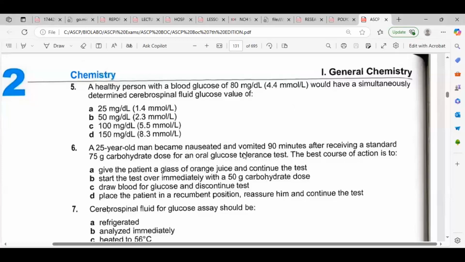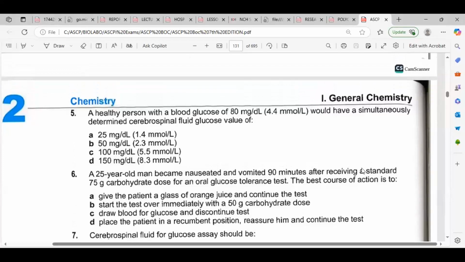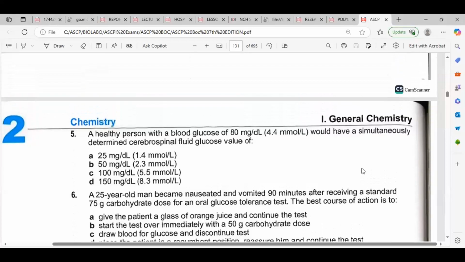Okay, so we are now on question number 5. We are talking about a healthy person with a blood glucose of 80 milligram per deciliter who would have the same determined cerebrospinal fluid of, this one is very simple, isn't it? I think we talked about it, the ratio between CSF and blood.